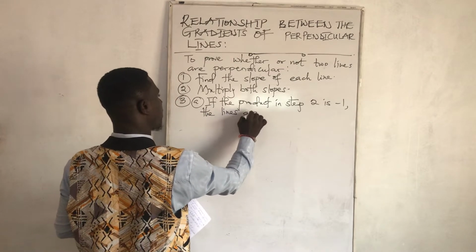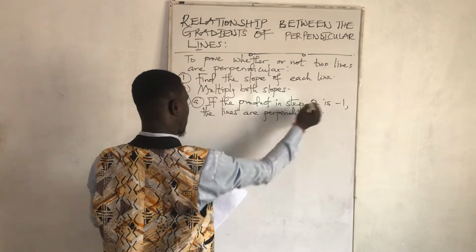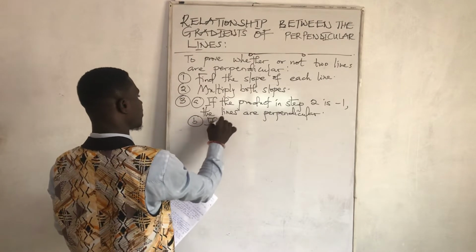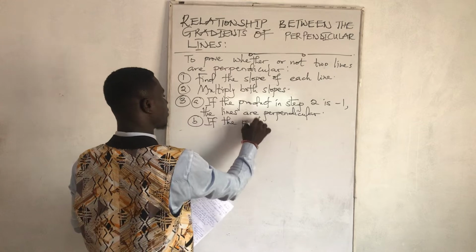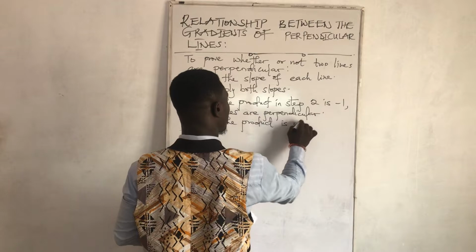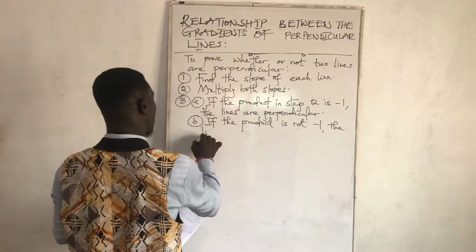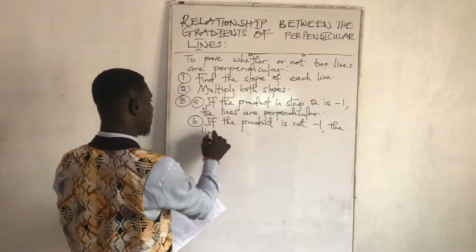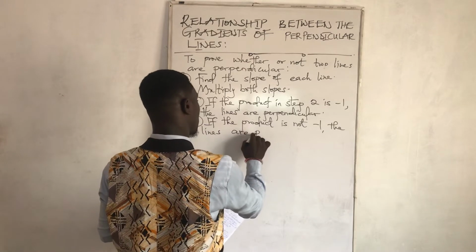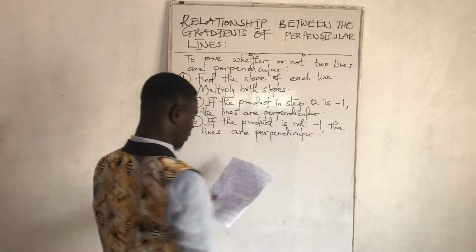Step 3b: if the product is not -1, the lines are not perpendicular.